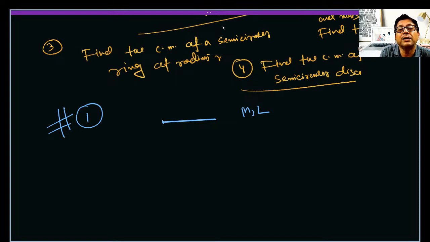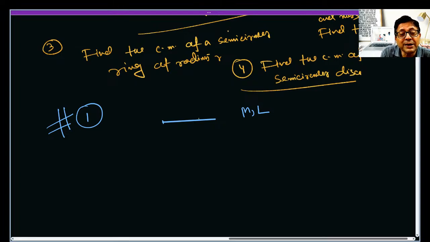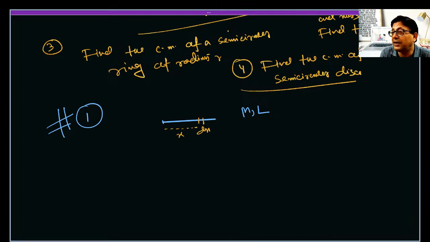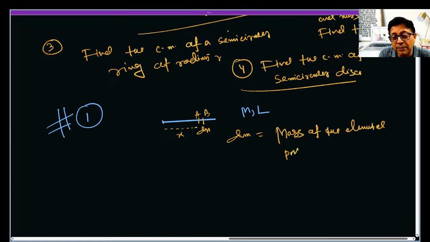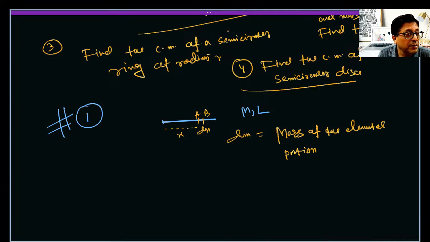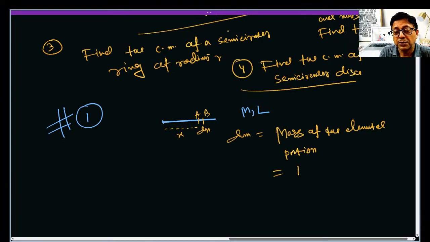How to do it? The rod will be divided into small parts. dx is the elemental part at a distance x from this end. Mass of this elemental portion, dm, equal to m by l into dx.